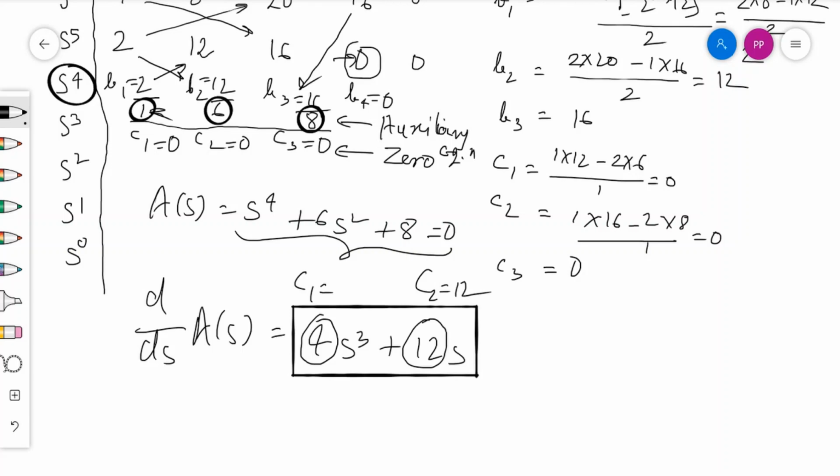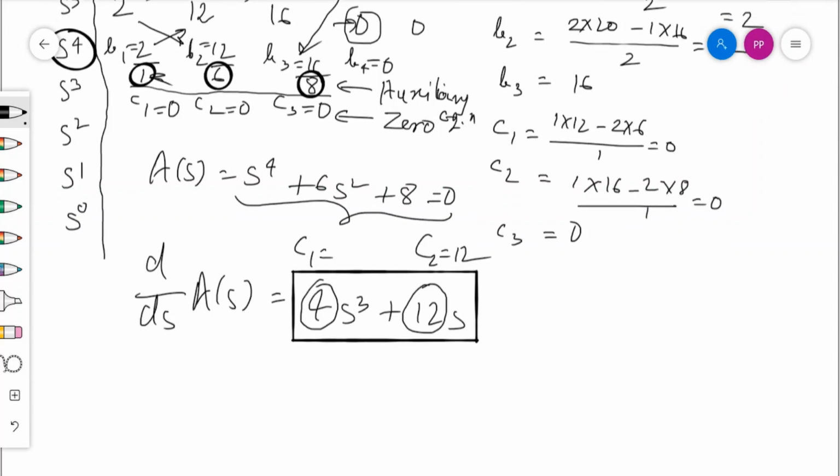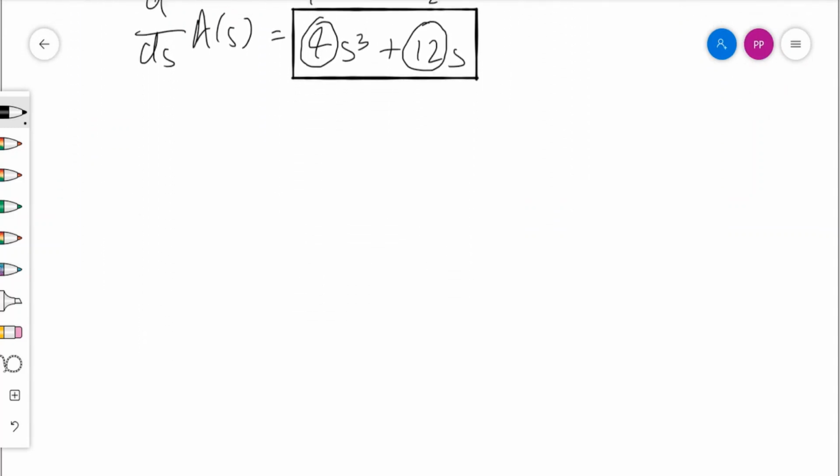So we can rewrite the Routh array like this. We have s power 6, s power 5, s power 4, s cube, s square, s power 1, s power 0.